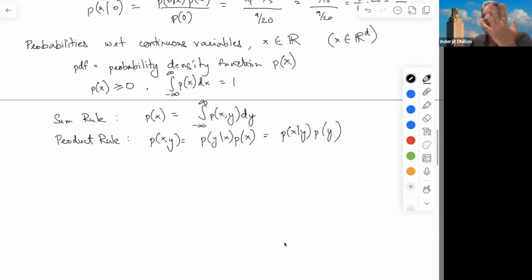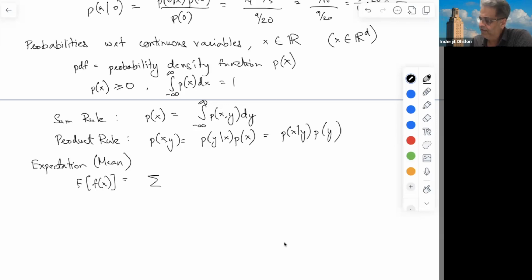So, I didn't really talk about it in the discrete case, but you have the mean of a random variable, right? So expectation, or mean, okay? Suppose I have a function of a random variable, f of x.